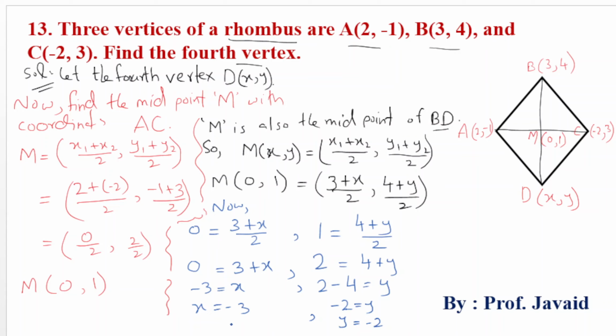So we got x and y. The required D (x, y) is: x is negative 3, and y is negative 2.